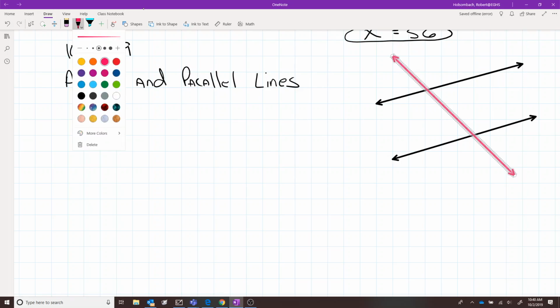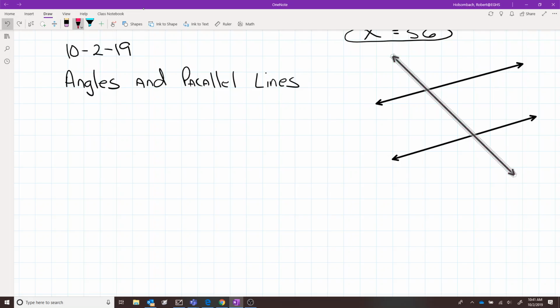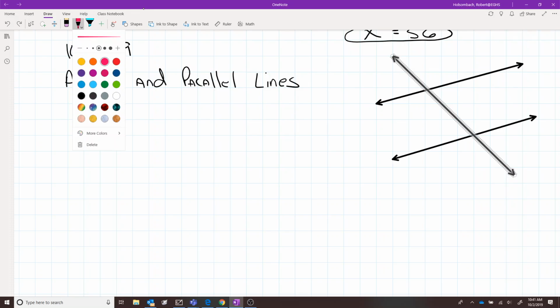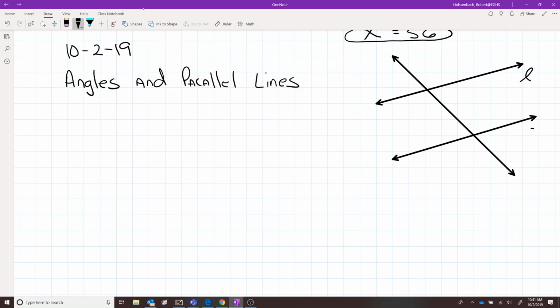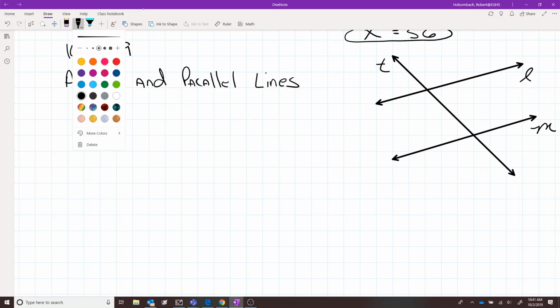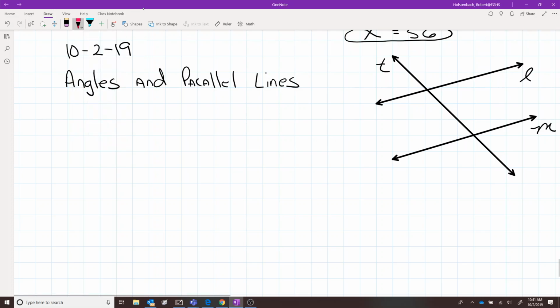Alright, gonna label these lines L, M, and T. And then the red arrows on L and M, if two lines have one red arrow on each, that means the lines are parallel.